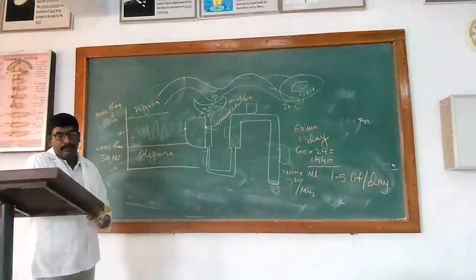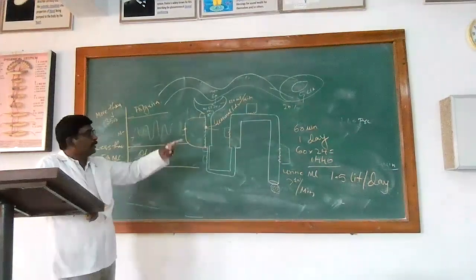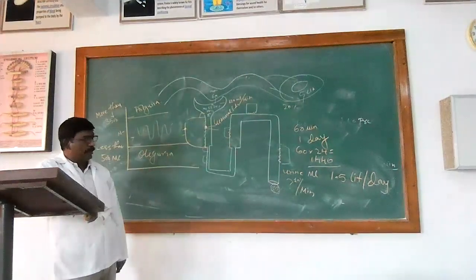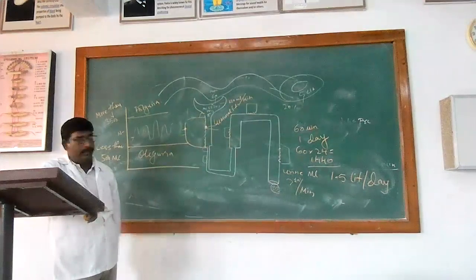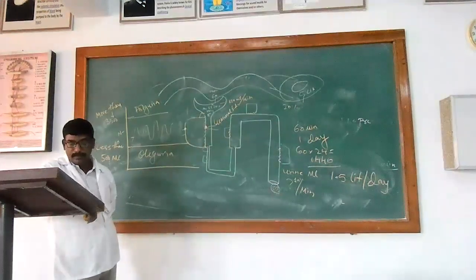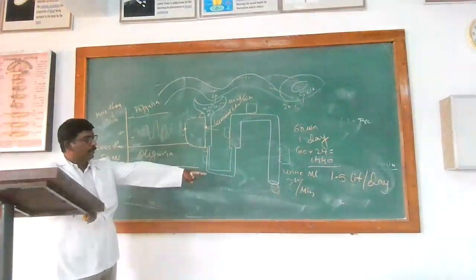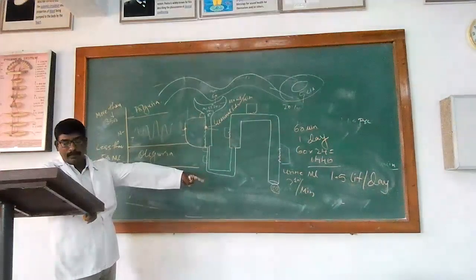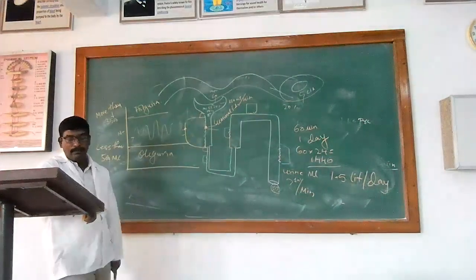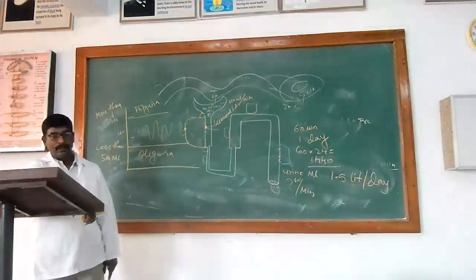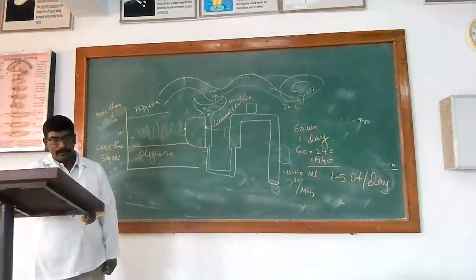In one day we have 60 into 24, about 1440 minutes. Suppose we consider 1 ml in 1 minute. So how much in one day? It is about 1400 ml, which means about 1.5 liters, right?